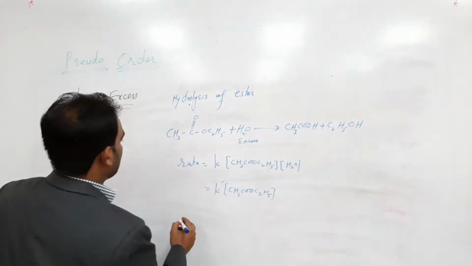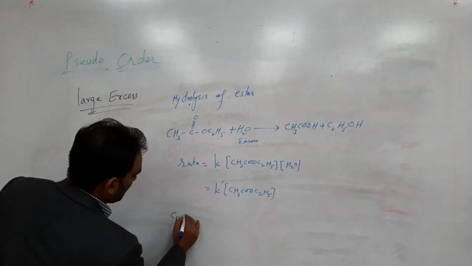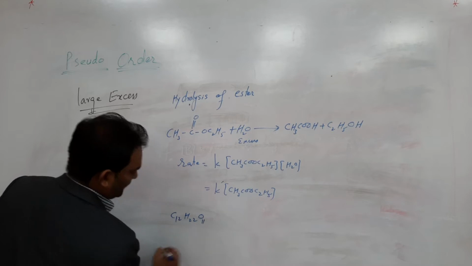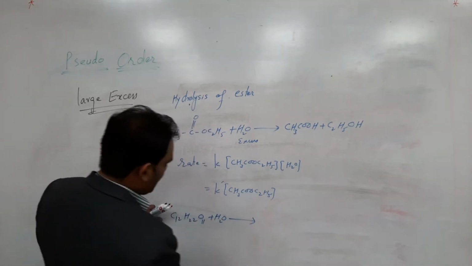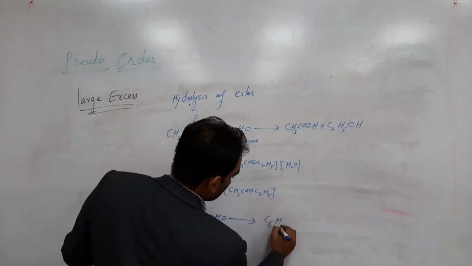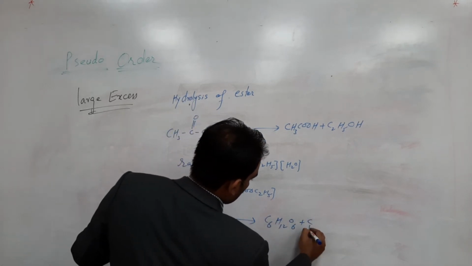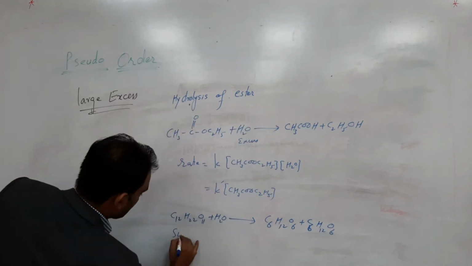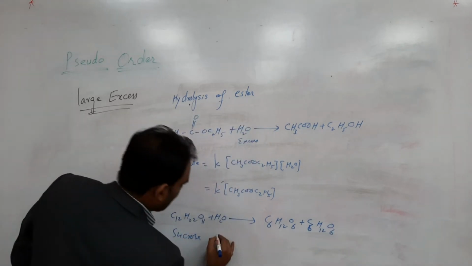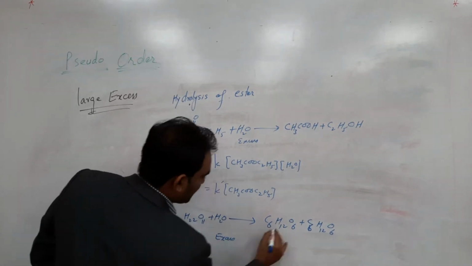Similarly, we have another example, sucrose, and its hydrolysis gives you glucose and fructose. This is your sucrose, and water is present in excess.